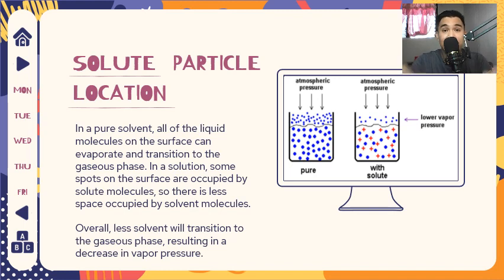Given that, overall less solvent will transition to the gaseous phase, resulting in a decrease in vapor pressure, because the solute on top occupies the space and replaces the solvent molecules there, which results in the lowering of the vapor pressure.